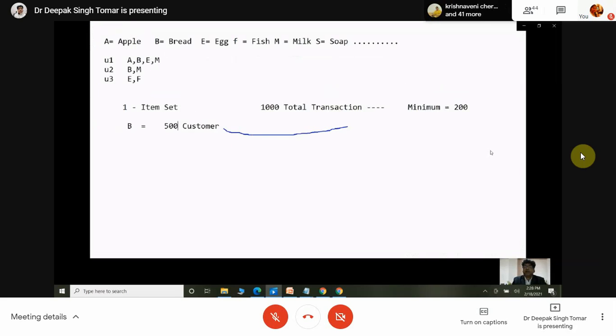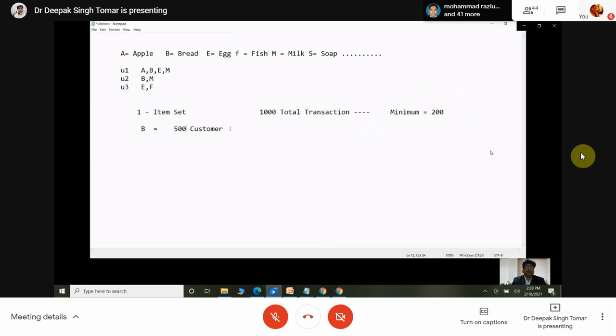It is above the minimum support, so it is frequent. So the one length item set, bread, is frequent.